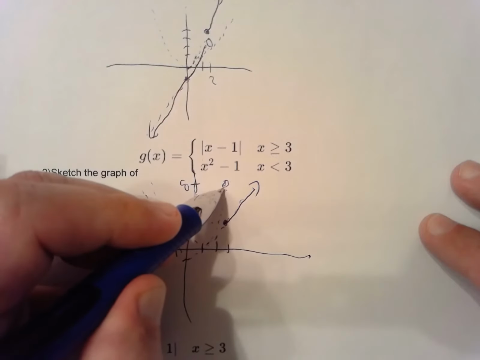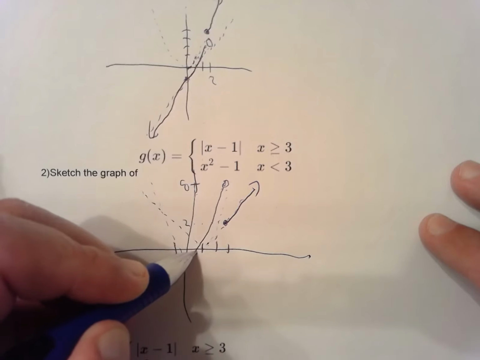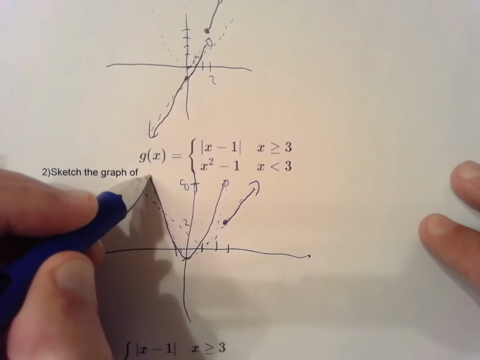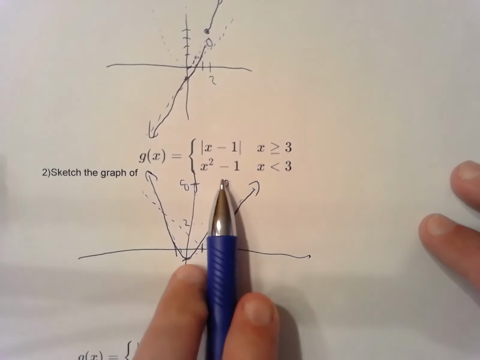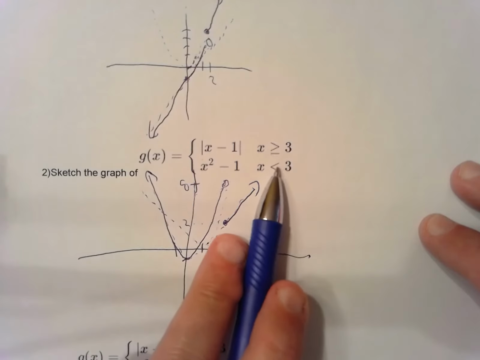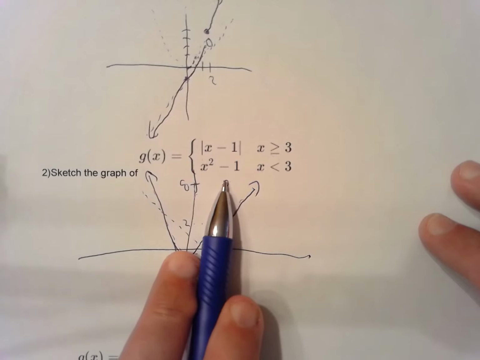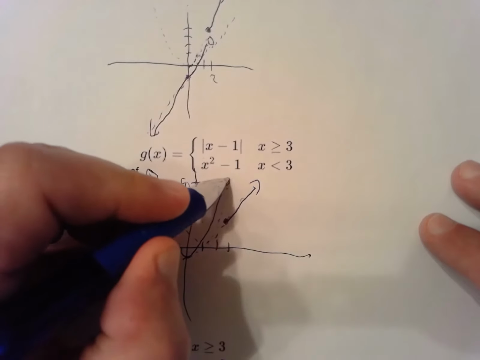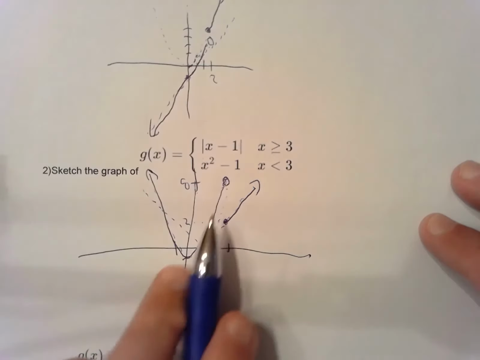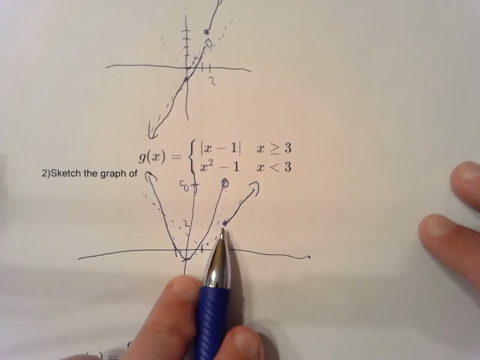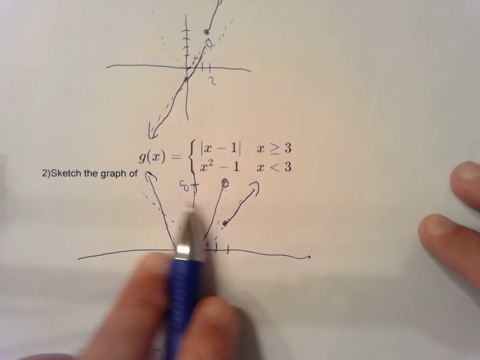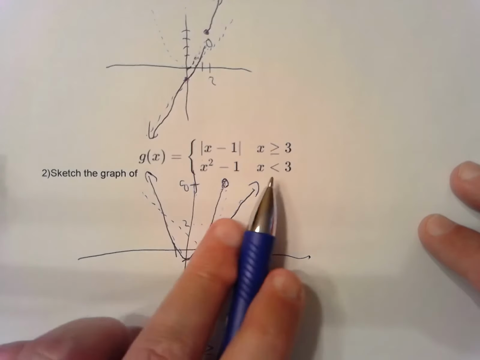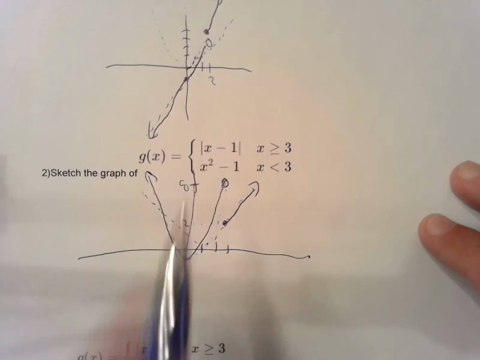And we get this parabola that looks like this. We're only keeping less than 3. Here's x equals 3 and less to the left. So we've got this open circle here at our corner, and that's where the graph switches from this parabola. At 3, we switch over and start using this absolute value.